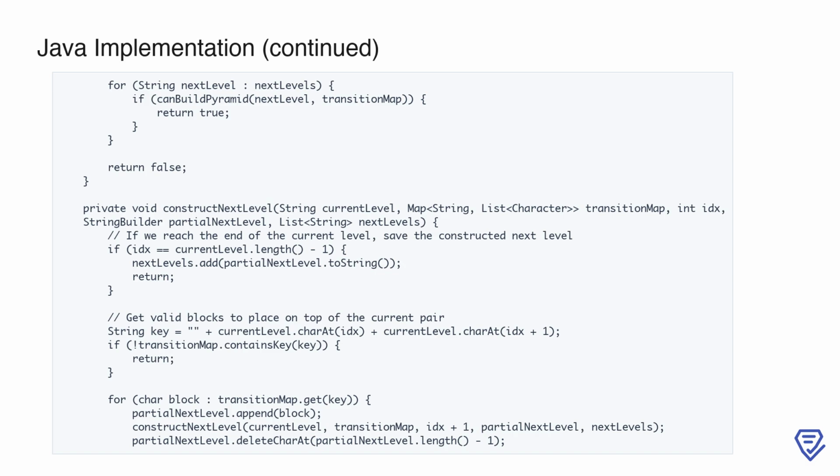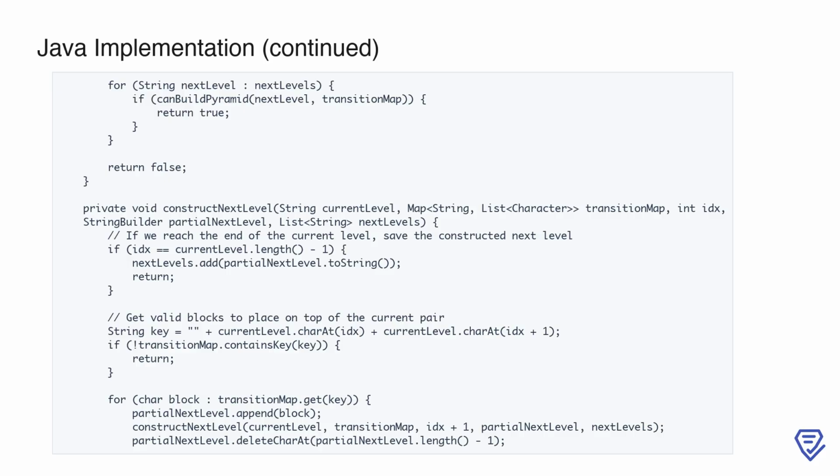Otherwise, it returns false. In the constructNextLevel method, we iterate over the pairs of blocks in the current level. For each pair, we look up the valid blocks that can be placed on top, using the transition map. If no valid blocks are found for a pair, the function exits early, as no valid next level can be constructed.